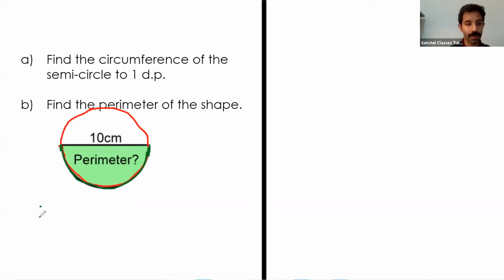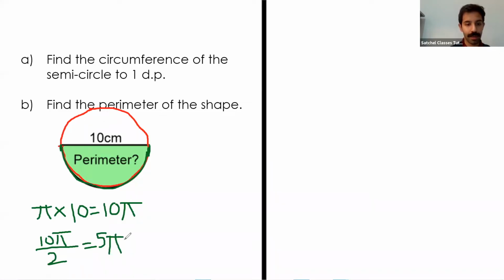So again, we would have to do pi times the diameter. So the diameter is 10, and that will give us 10 pi. So you can even write your answer in terms of pi. But that would be for the full circumference. So for half of the circumference, we have to do 10 pi divided by 2, and that would give us 5 pi.